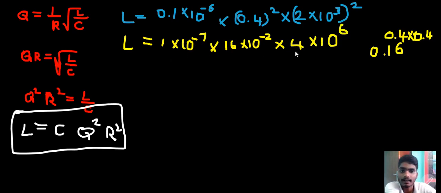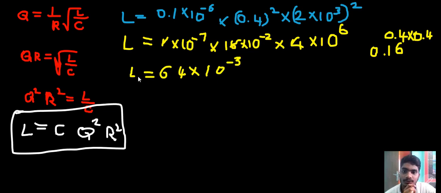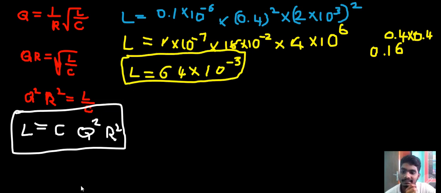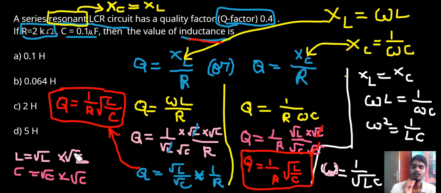Now 4 16s are 64, 10 power minus 7 minus 2 is minus 9, plus 6, the remaining is 10 power minus 3. So the inductance value is 64 into 10 power minus 3.